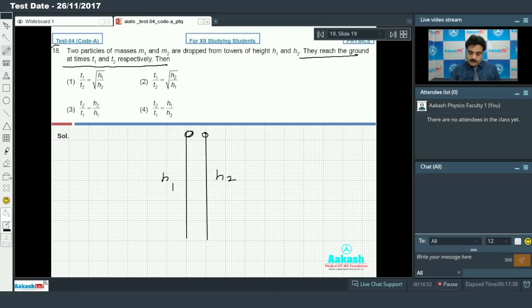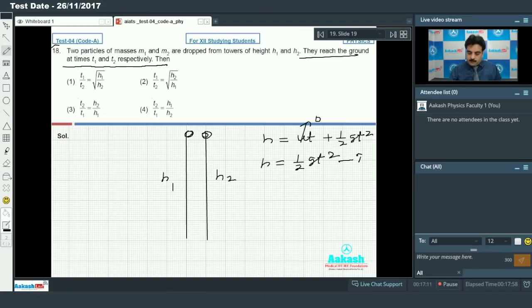So this is the case of free fall. We can use h equal to ut plus half gt square. But the initial velocity is 0. So we have the relation h equal to half gt square.